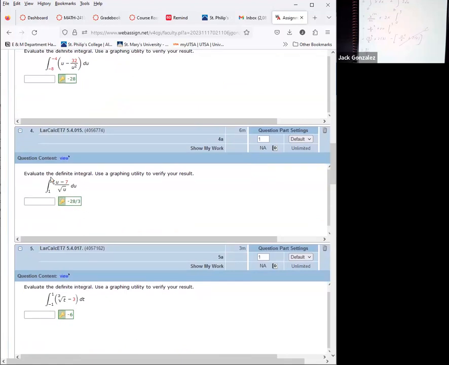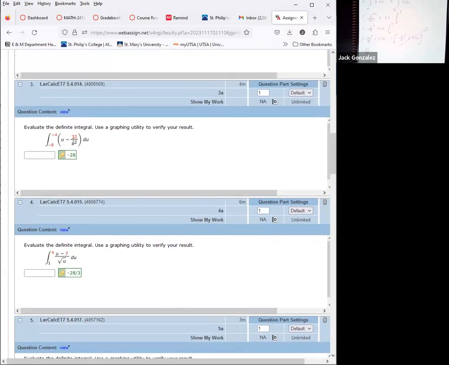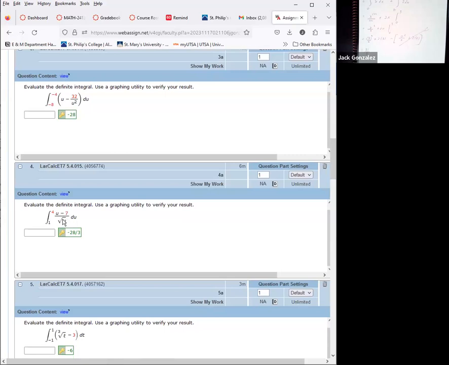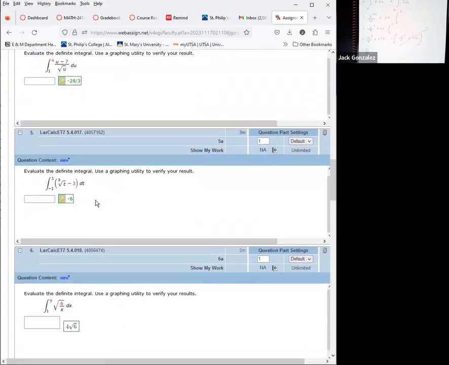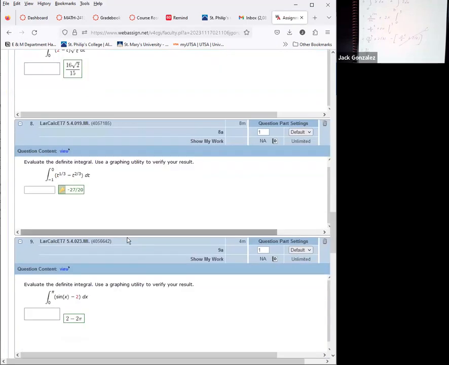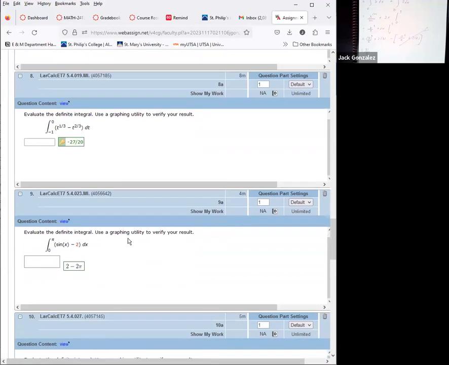It's just different types of algebra. Like here, number 3, you want to bring up the u to the top and then do the antiderivative of each term. Change this to a power and simplify the fraction, and then do the antiderivative of each term. But eventually they want to apply it to area.